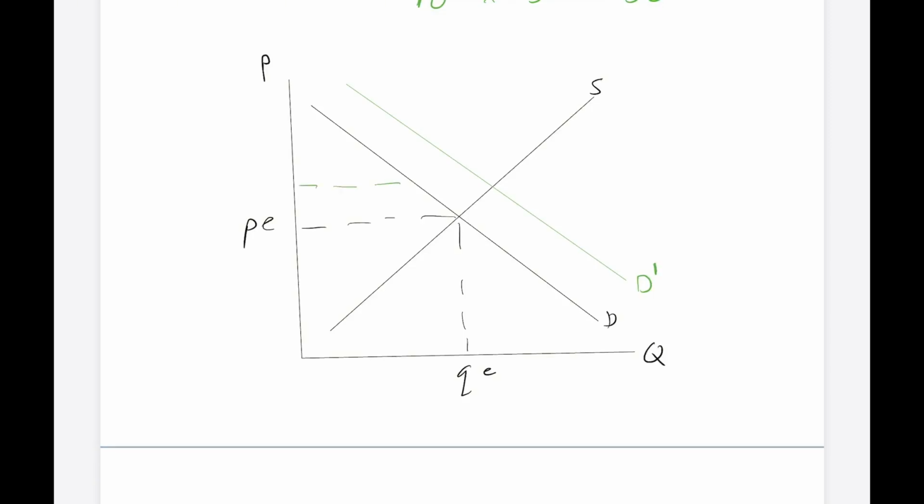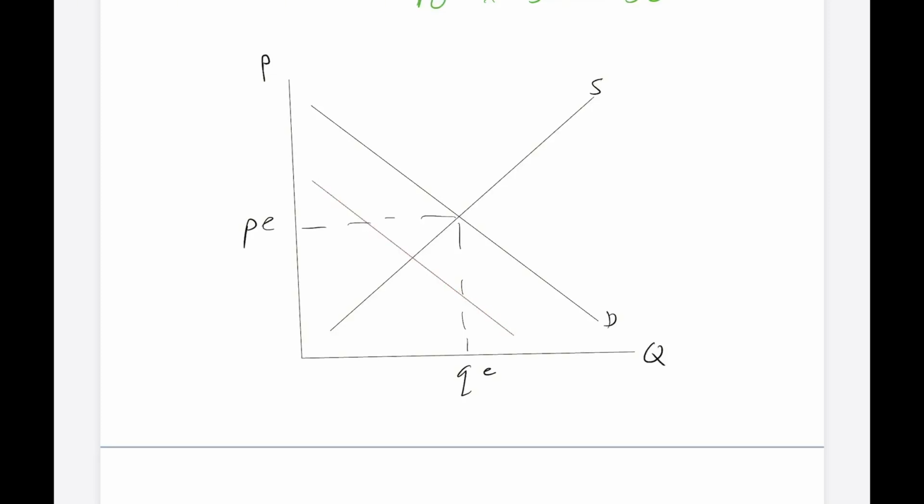As a result of that increase in demand, the price equilibrium has increased, and the quantity equilibrium has also increased. Now let's have a look at what happens when there is a decrease in demand. Let's say that firms have spent less money on advertising. As a result, fewer consumers are aware that the product exists, so consumers are going to be less willing and less able to demand the product.